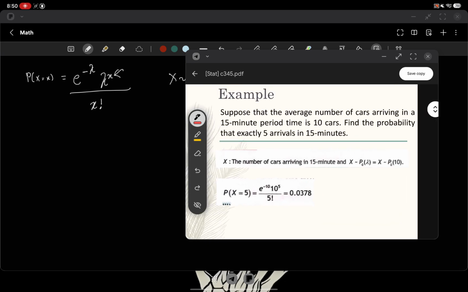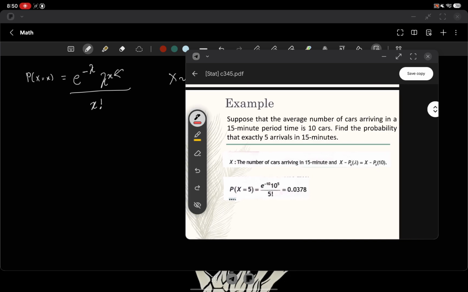Suppose that the number of cars arriving in a 15-minute period, the mean is 10, find the probability of exactly 5. So here we know that our lambda is 10. The mean is 10, and our x is 5.